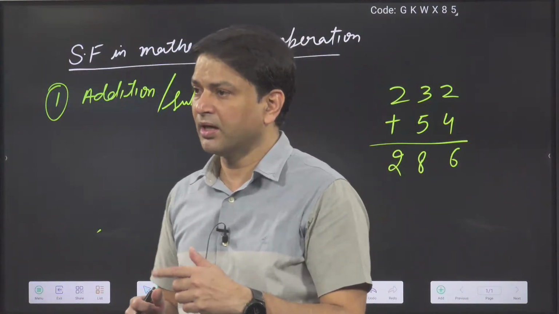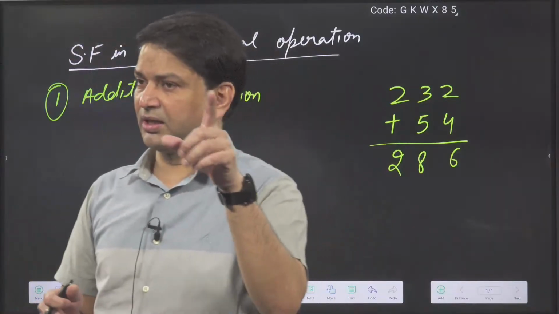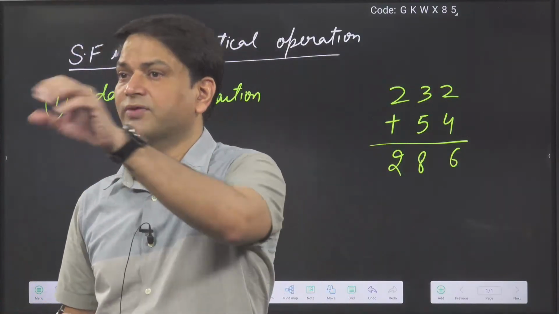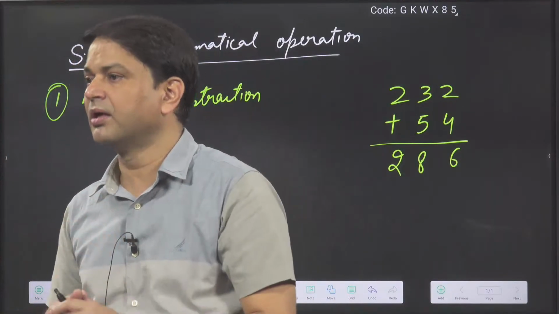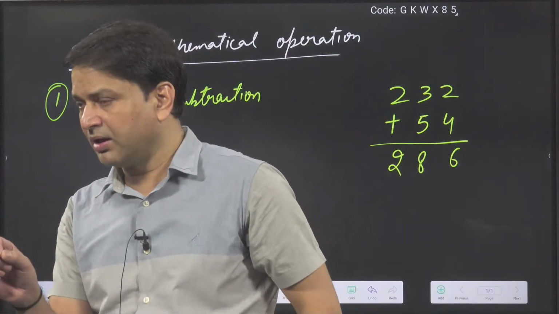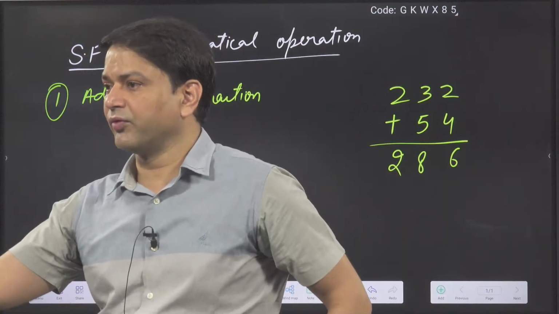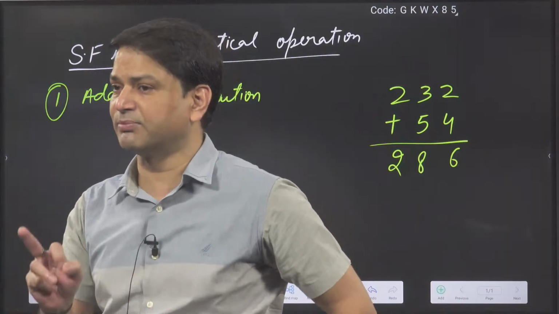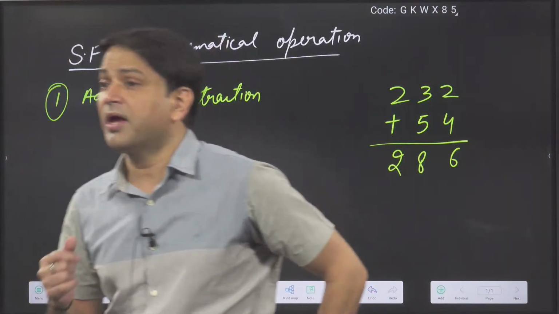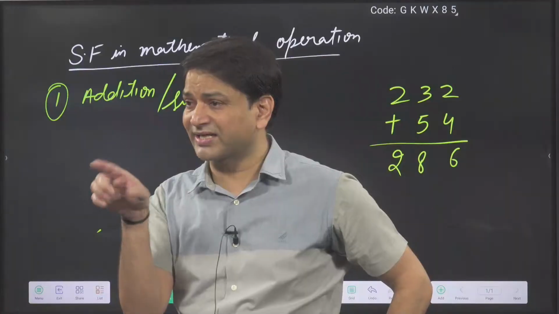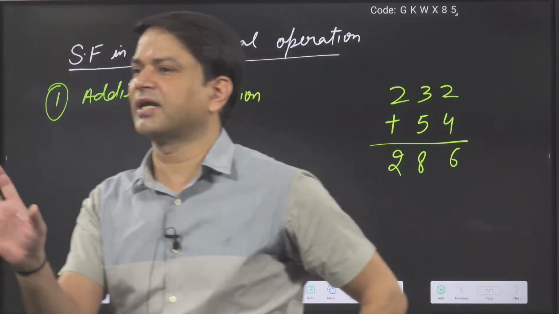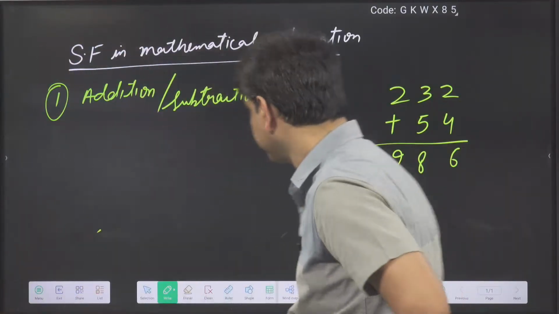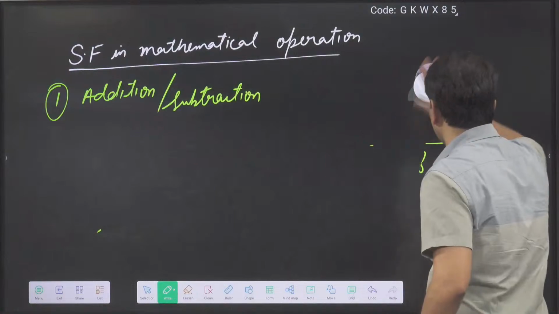Again I am repeating: in addition and subtraction, when the numbers contain a decimal, the final result will have as many decimal places as the minimum decimal places among all the numbers. It means there we are not checking the significant figures, basically we are checking the decimal places. Everybody got it or not?